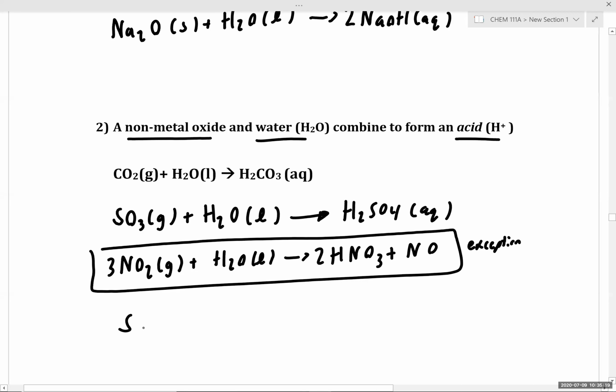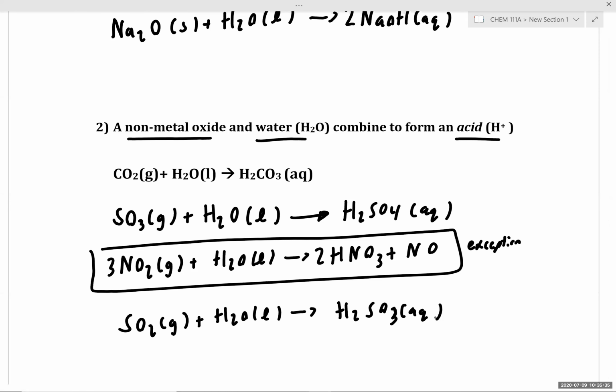Just to round out our list, if we have sulfur dioxide reacting with water, we can generate hydrosulfuric acid. Nitric acid is a little bit weird because it often participates in redox reactions.